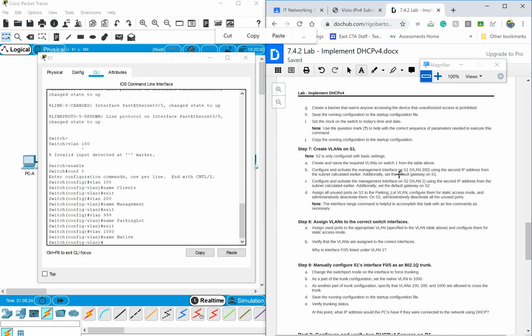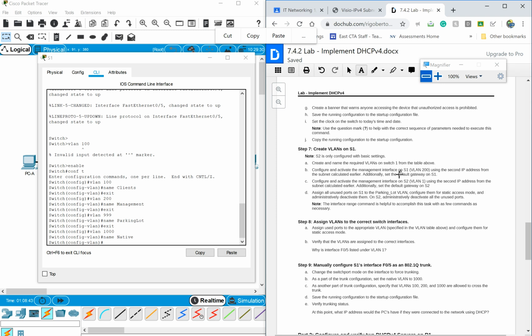Additionally, set the default gateway on S2. Assign all unused ports on S1 to the parking lot VLAN. Configure them for static access mode and deactivate them. On S2, deactivate all unused ports. Interface range is helpful, and I will show you what that means.